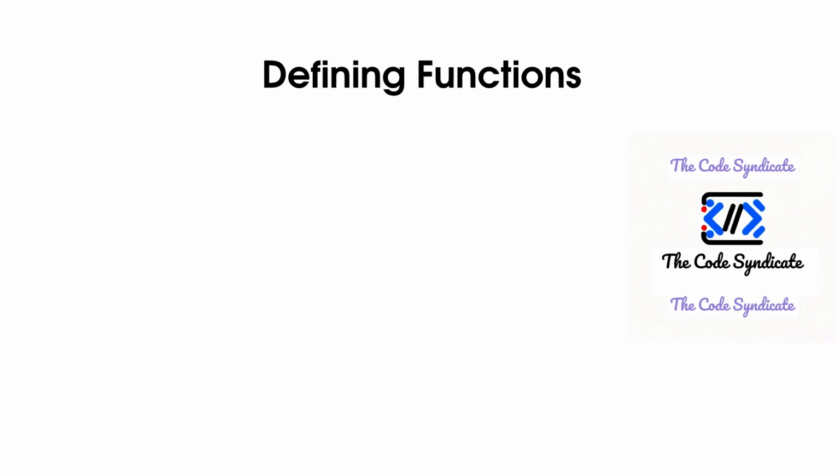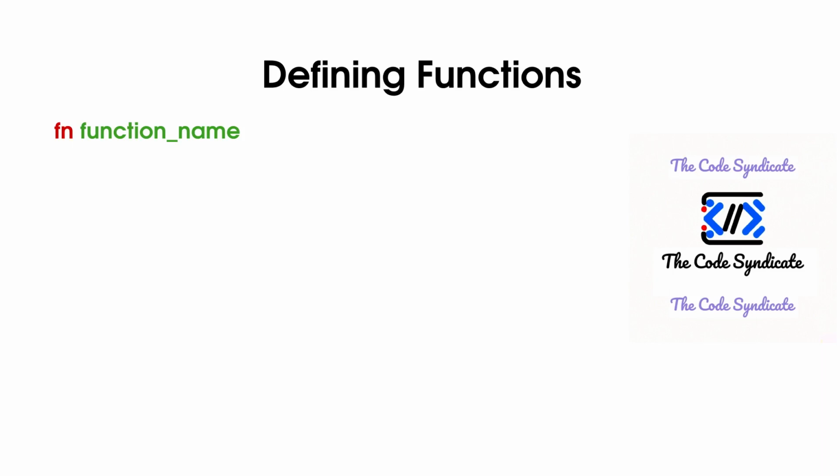Defining a function. To define a function, we have this special keyword called fn. We start with fn followed by the name of the function. The name of the function can be anything, but it should be written in snake case.